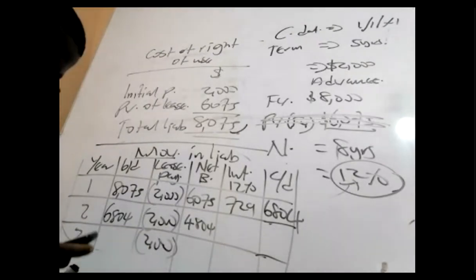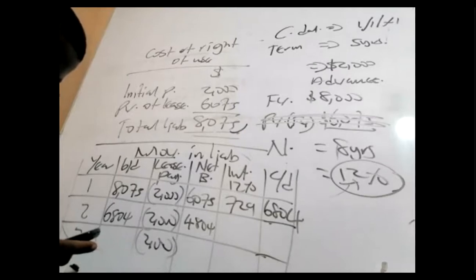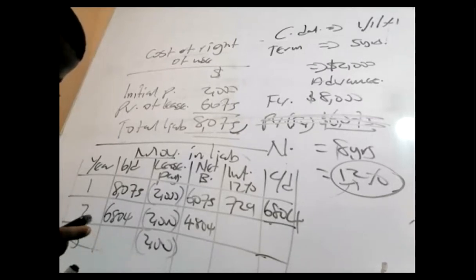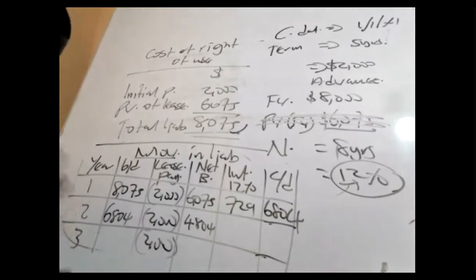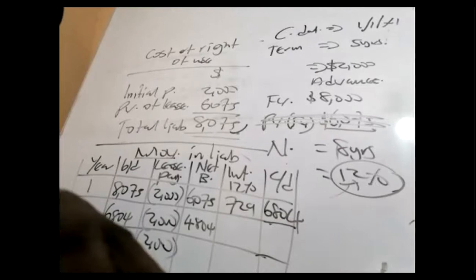Now charge less 2,000. Now multiply by 0.12. You get something like 576.